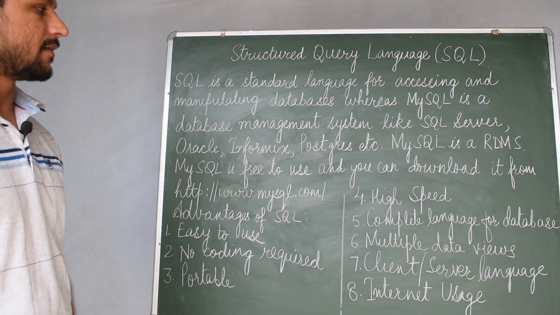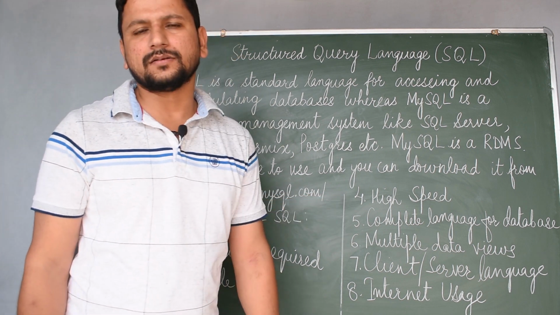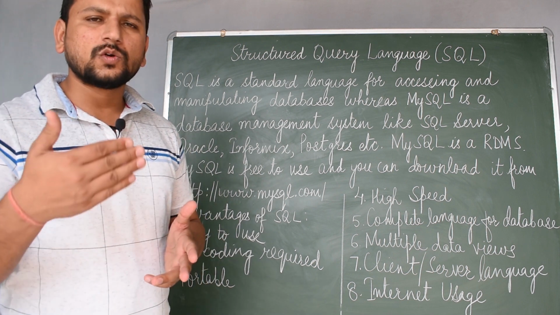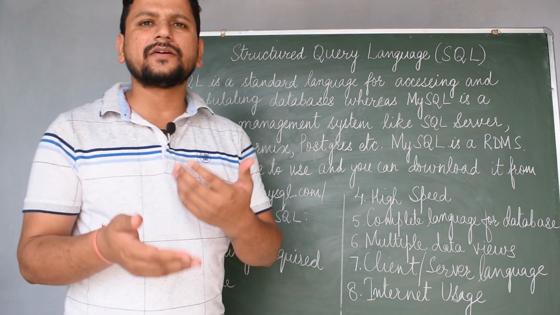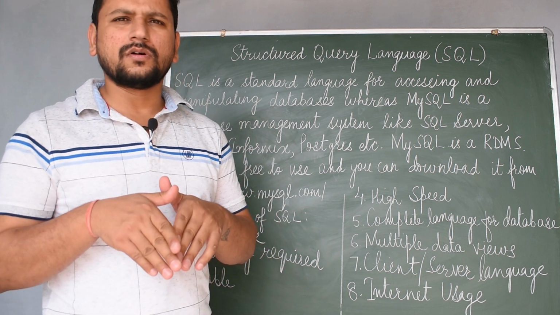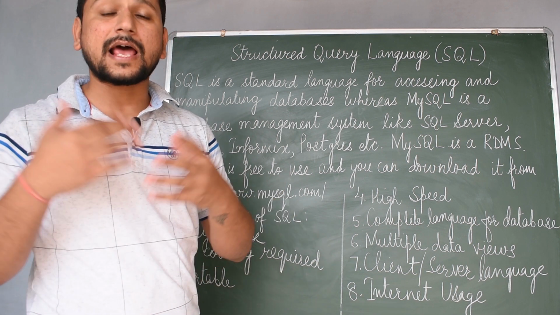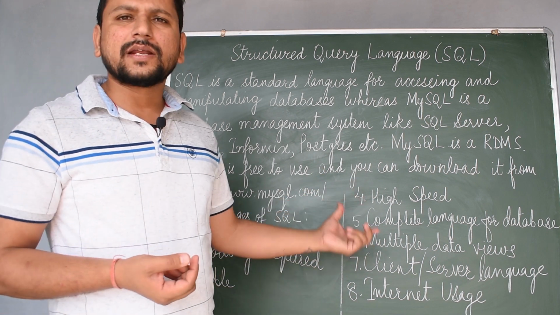Fourth advantage, we have high speed. High speed means whenever we execute any query, within seconds we get the results. Irrespective of the size of the database, we can execute SQL queries fast.